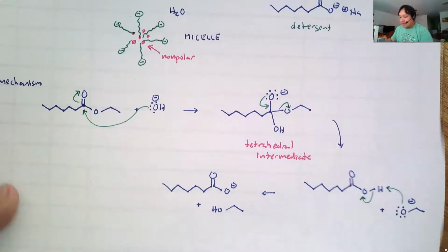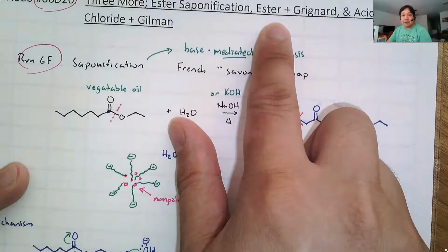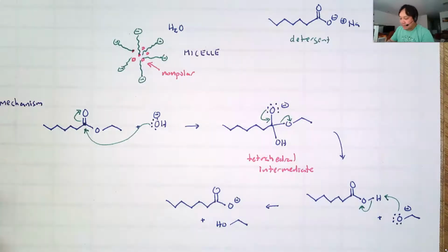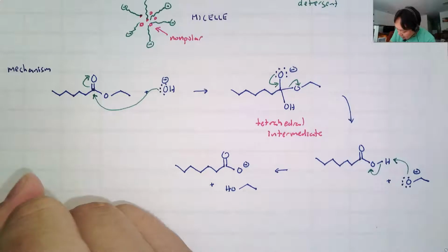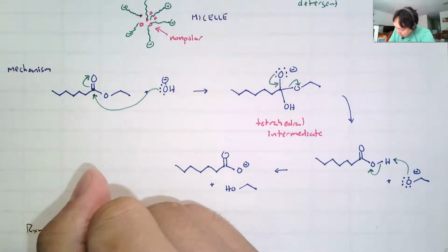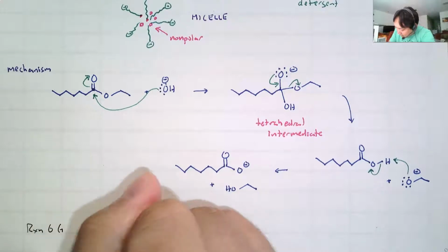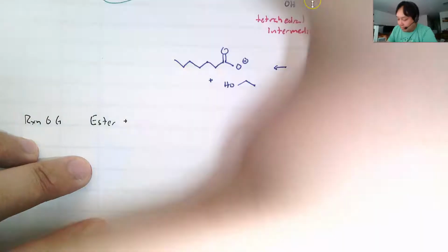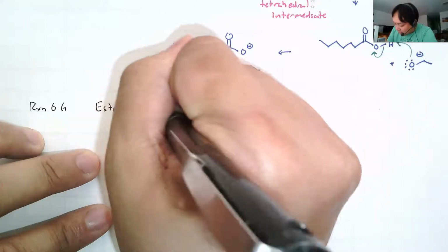Okay, next is ester plus Grignard. Reaction 6G. Ester plus Grignard reagent.